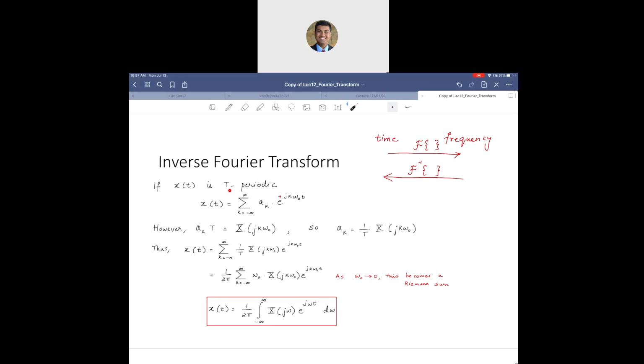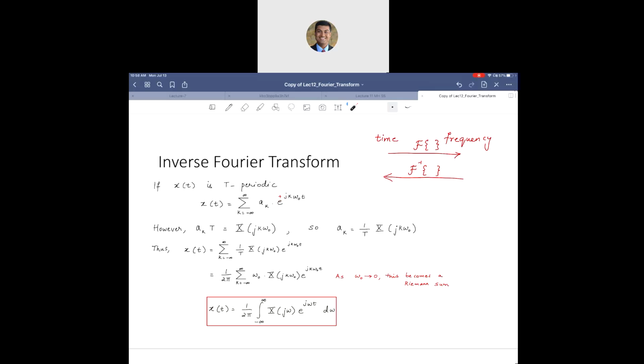So if x of t is T periodic, we are starting from a periodic signal with time period T. I can represent x of t as a summation of an orthogonal exponential set of functions, each scaled by a_k. We know this from the orthogonal set of functions discussion earlier. Note over here you have e to the plus j k omega naught t.